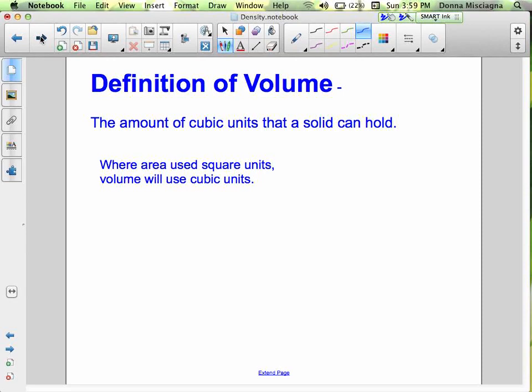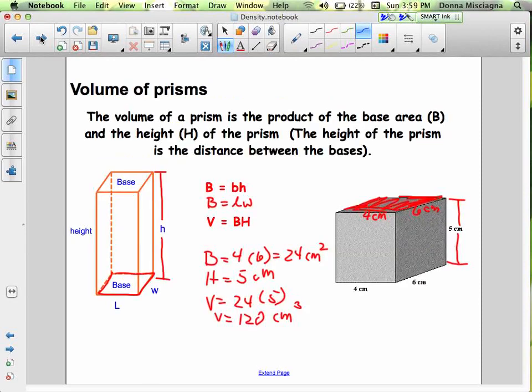All right, so just like cylinders, prisms also have two bases. The height of the prism is the distance between the bases, as we have up there.